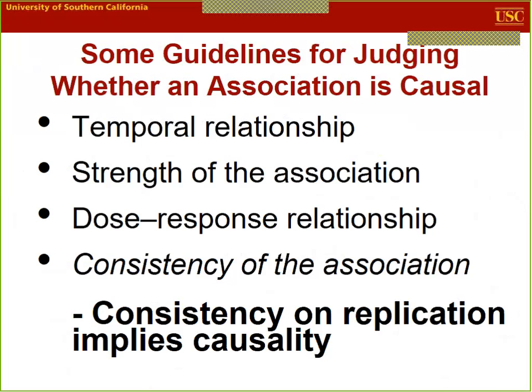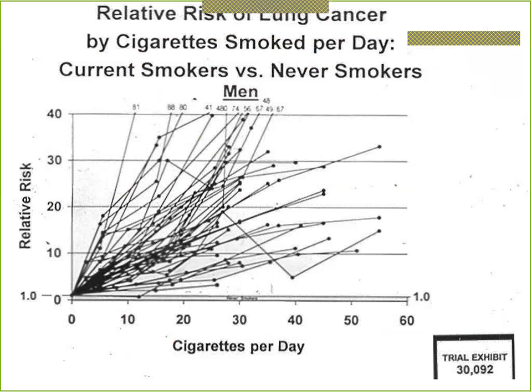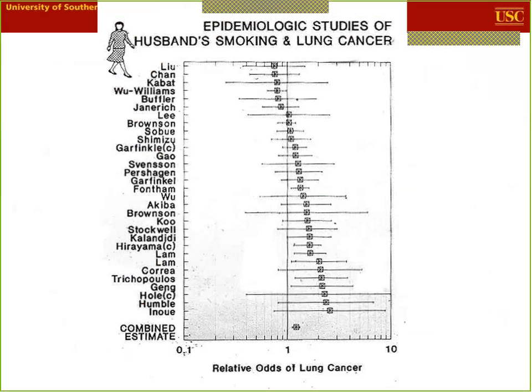Consistency is important because as we move from population to population or investigator to investigator, alternative associations like confounding, for example, become less likely if we see the same pattern. If there is some bias on the part of one investigator, but there's replication with others, again, it speaks to likely causality. So there is that picture.